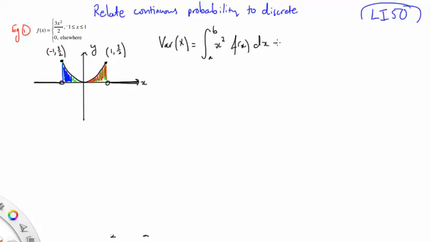So this is the formula to get variance. We integrate over the interval, the curve, x, f of x, dx all squared. Okay, this is variance.